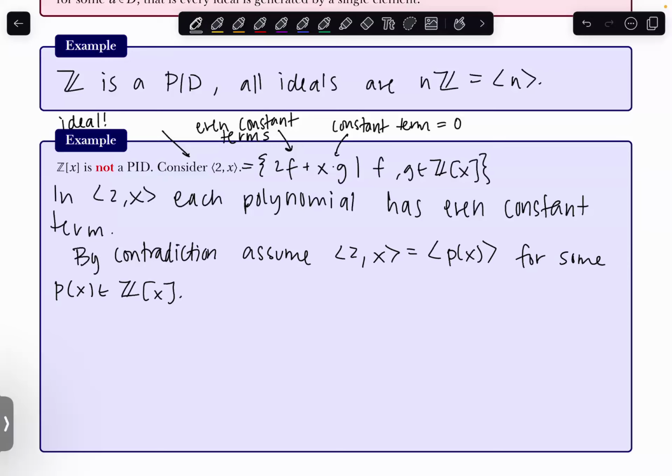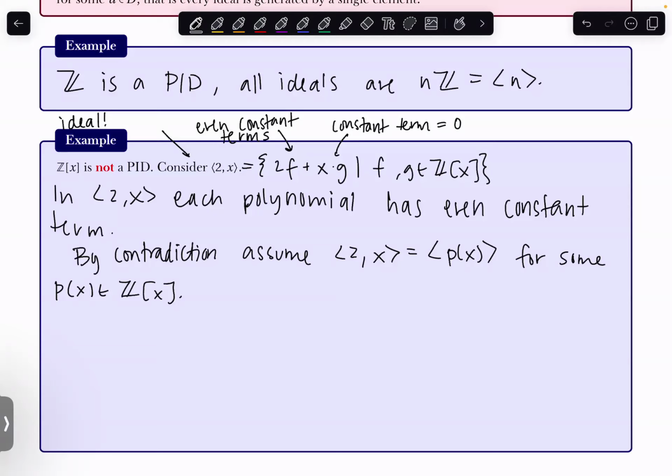Okay. So one nice thing that we have is that we have unity in our coefficients. We have 1. And so we're going to have unity in the polynomial ring as well, right? Just the constant polynomial where the constant is equal to 1. So here I can replace my f and my g's with 1s or with 0s, and I know those elements are going to be included inside of this ideal.